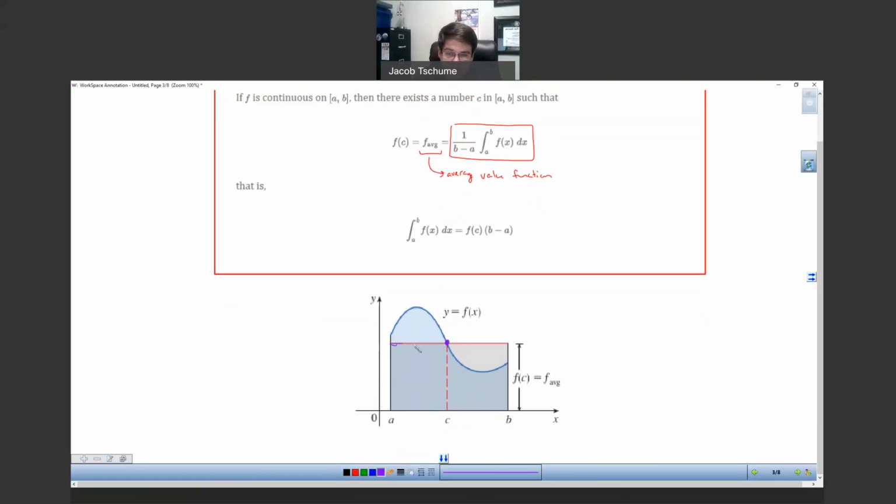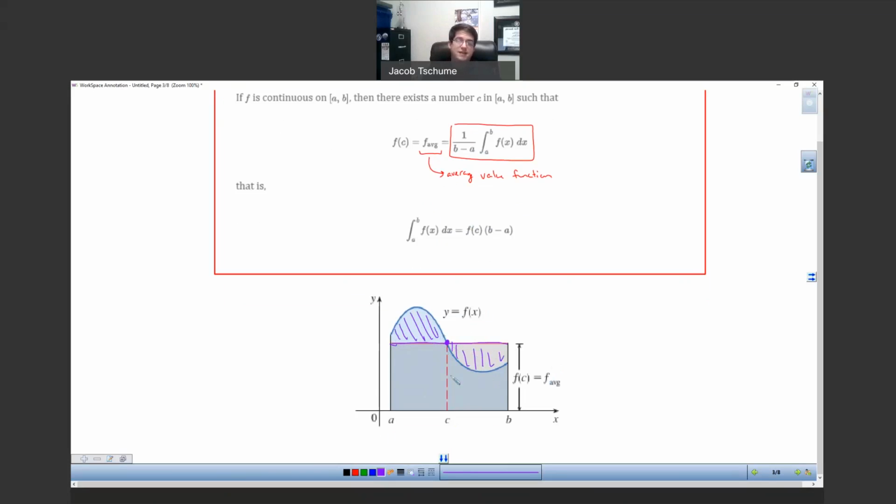We're trying to find this y value such that the area above it and the area below it would end up canceling each other. So these two areas right here are equivalent to each other. What the average value allows us to do is find this by doing integration. So essentially, you're going to find the area under the curve and multiply it by 1 over b minus a.